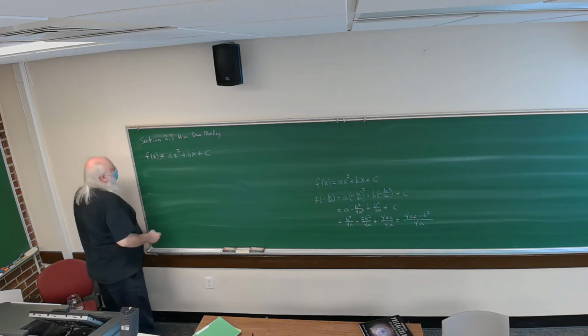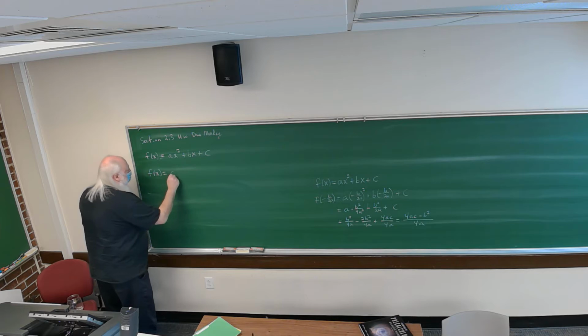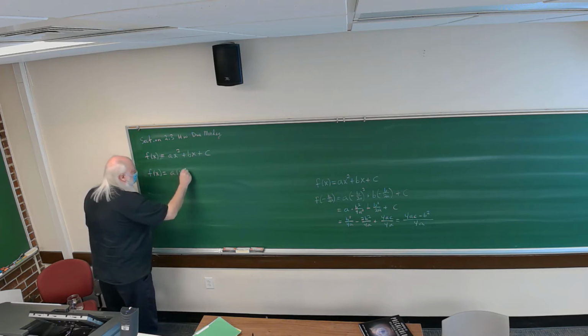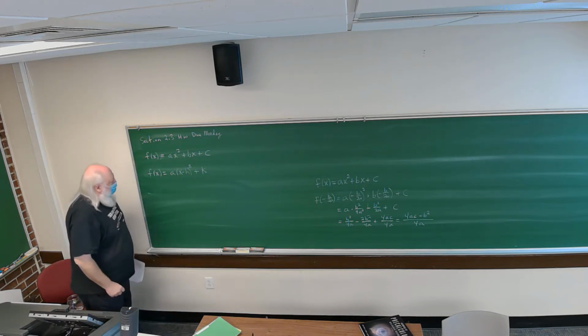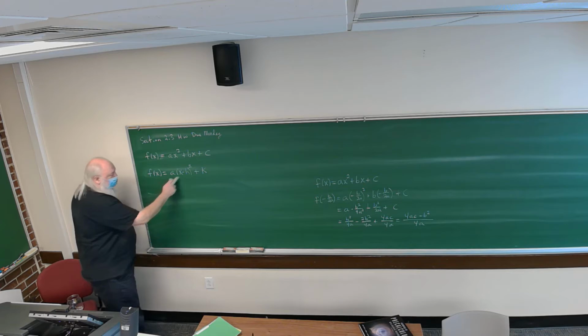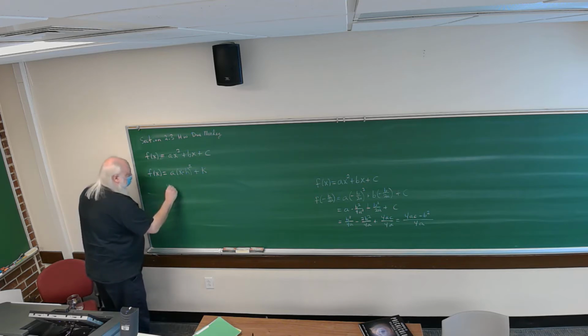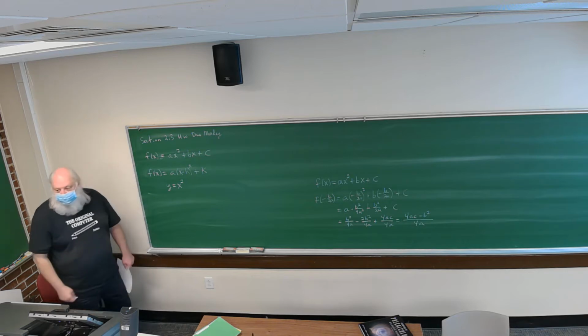Okay? And then there's the alternative, a times x minus h squared, plus k. If you think about it, this form here, we just start with the basic squaring function, y equals x squared.